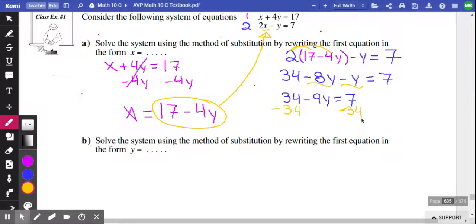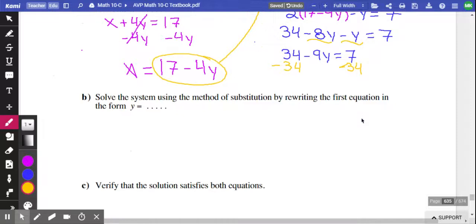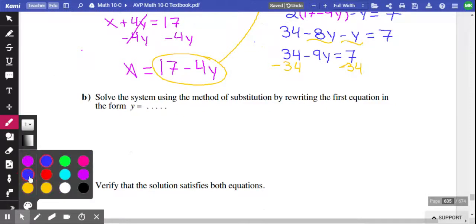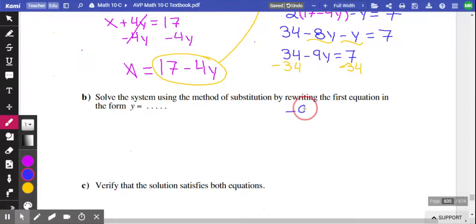After I subtract 34 from both sides, I have negative 9y. Make sure you still have it as a negative 9y equals negative 27. A lot of people lose that negative sign on the 9. That is with the 9, right?